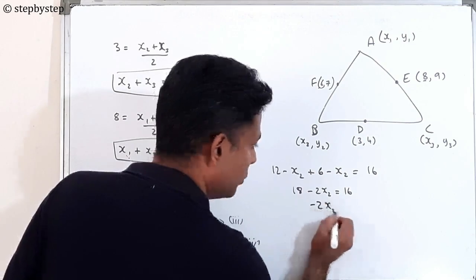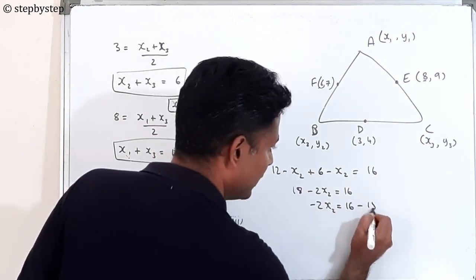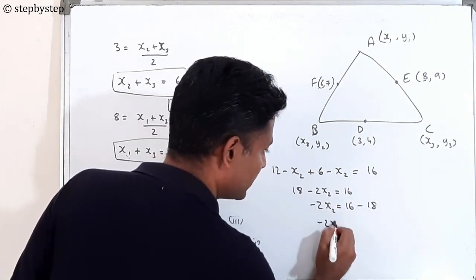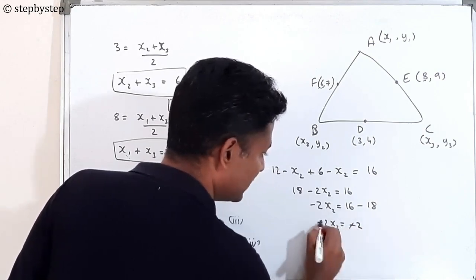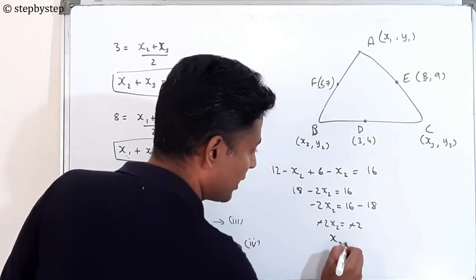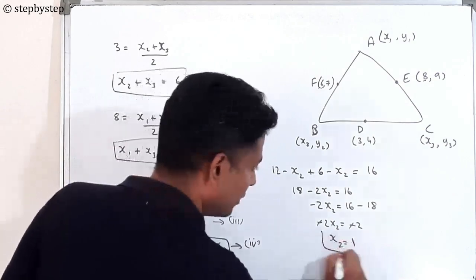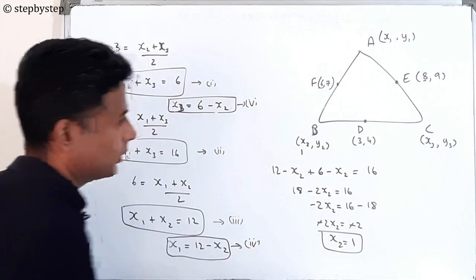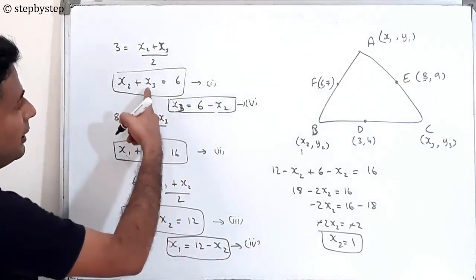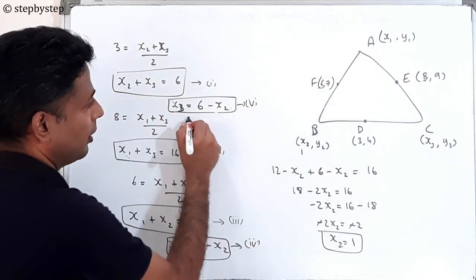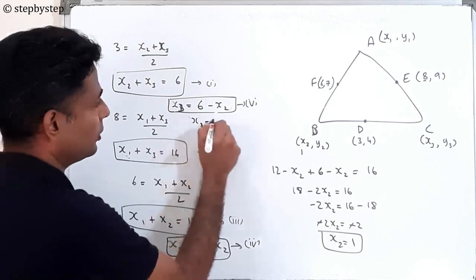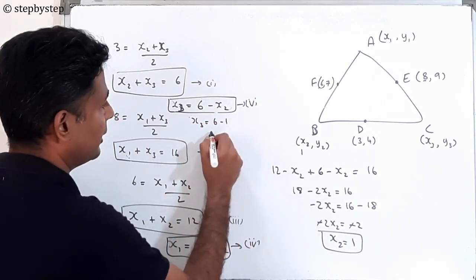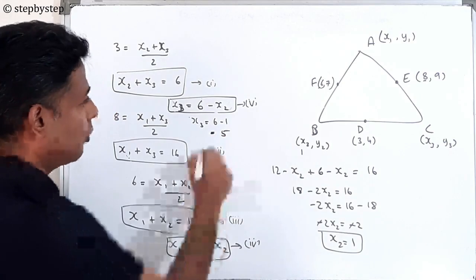So minus 2x2 equal to 16 minus 18. So minus 2x2 equal to minus 2. The minus sign cancels. So x2 becomes 2 by 2, that is 1. So we found the coordinate of x2, that is 1. Now substituting in this equation for x3, what do we get? x3 equal to 6 minus x2, that is 6 minus 1. So x3 is equal to 5.